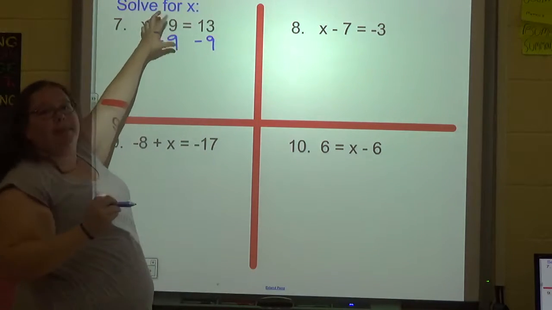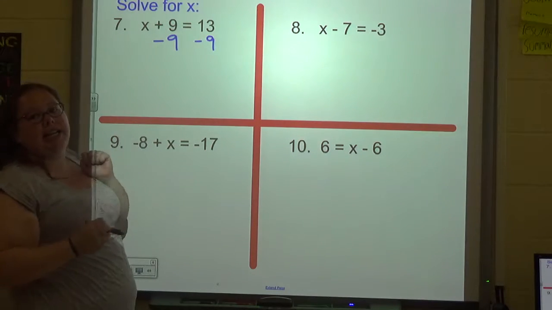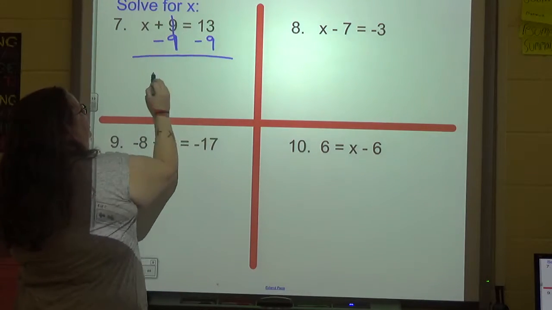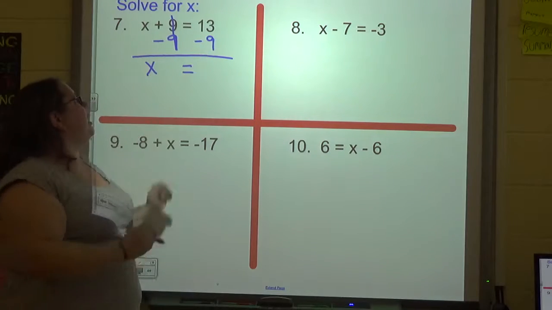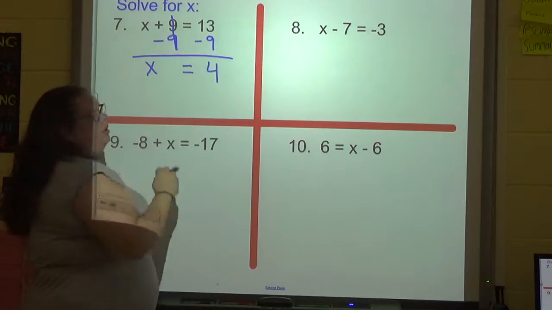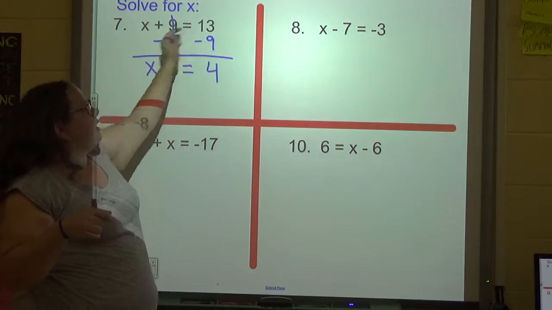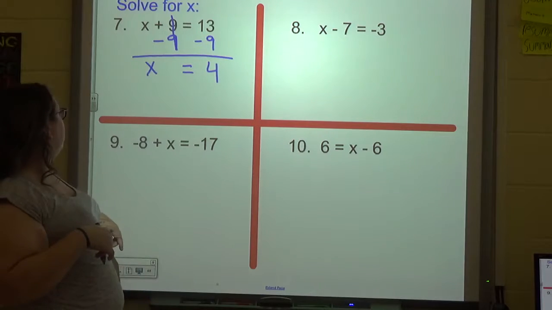So these are opposites or inverses. Plus 9 minus 9 cancels to 0, so we can just draw a line through that. We're left with x equals, and then 13 minus 9 is 4. And we're done. Again, it was pretty easy to think 4 plus 9 is 13, but this is the process you need to be able to follow.